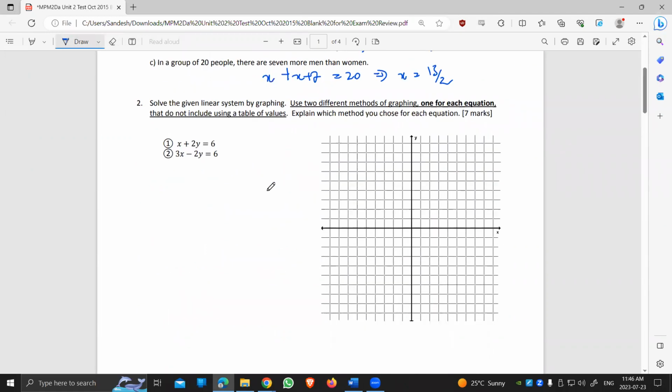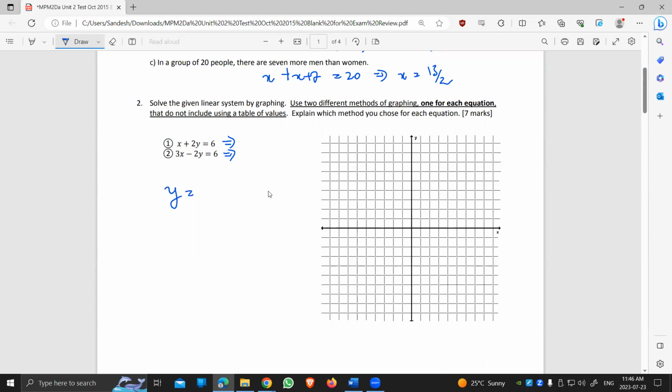Solve the linear system by graphing. Use 2 different methods of graphing, one for each equation, that does not include a table of values. Okay, so we can just change this into y equals mx plus b.